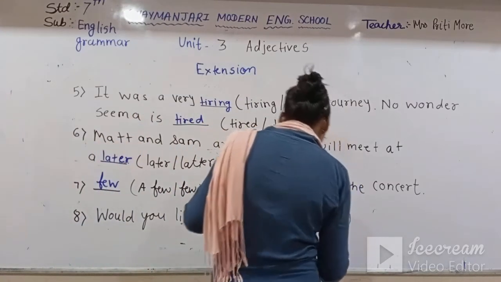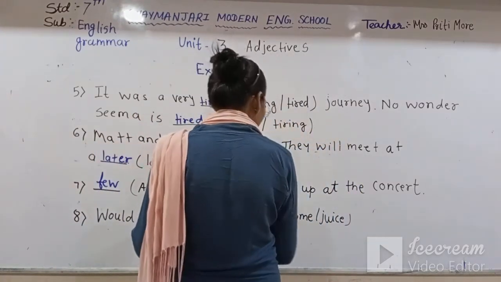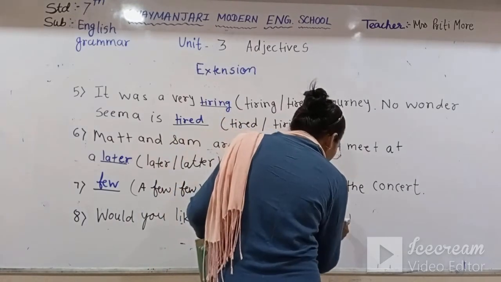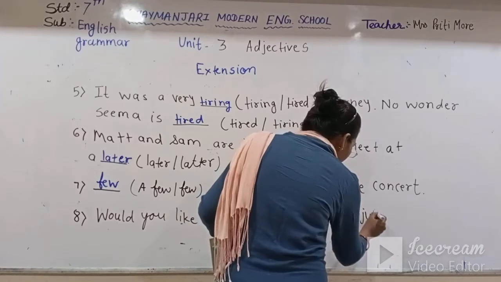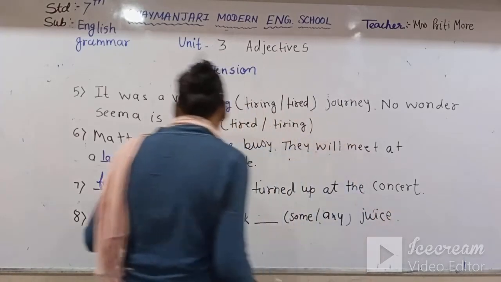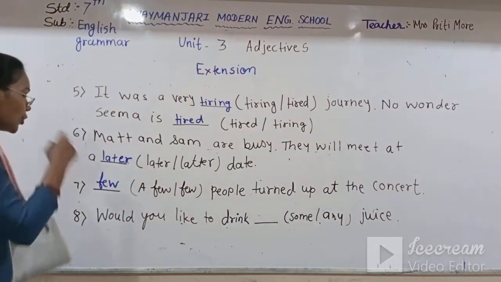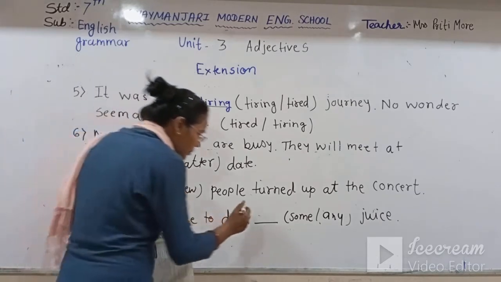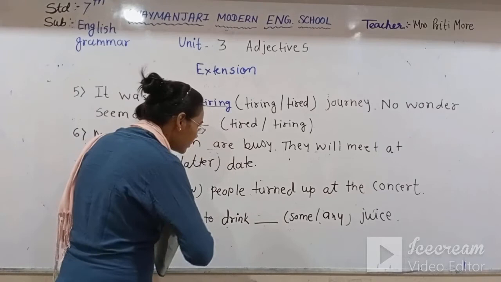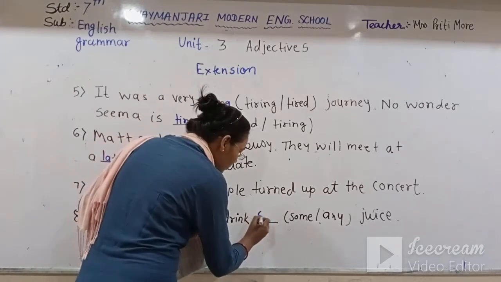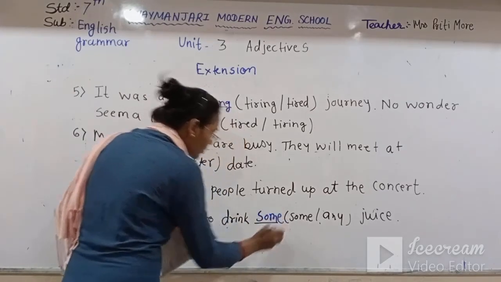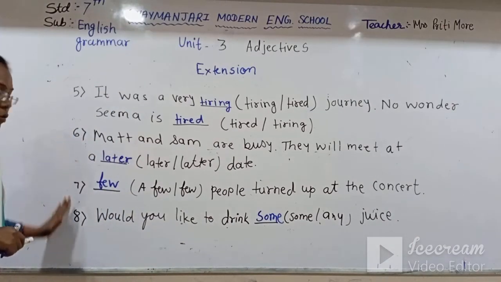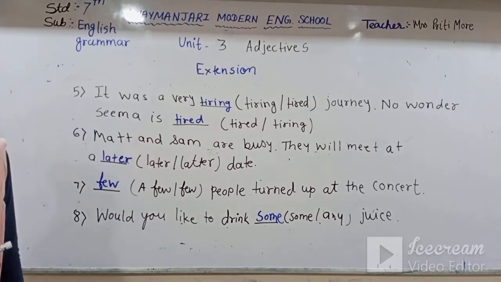Choose, sorry, some or any. So what will come there? Would you like to drink some juice? Some will be there. You just note down all these 4 sentences in your notebook.